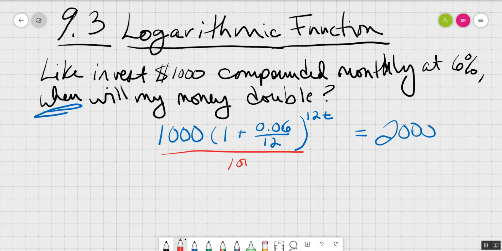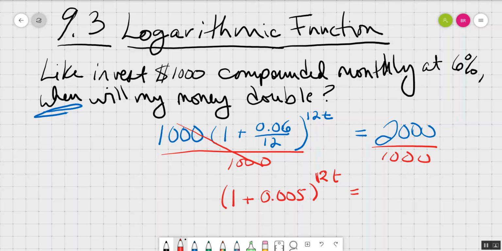I'm going to divide by 1,000 on both sides because that'll take care of that 1,000 out front. And then you'll have 1 plus, if I take 0.06 and divide it by 12, I get 0.005. I'm just trying to simplify this so I can get to the unknown, that 12t. 2,000 divided by 1,000 is just a 2.